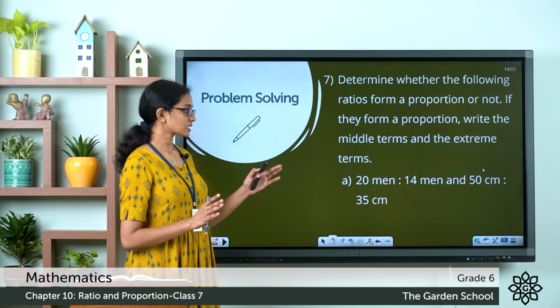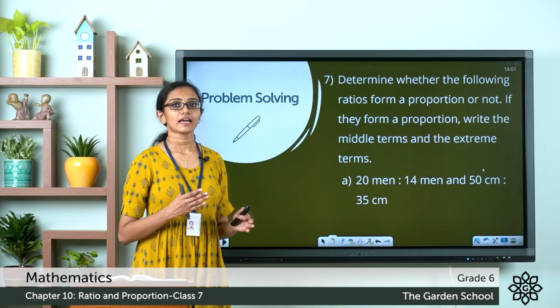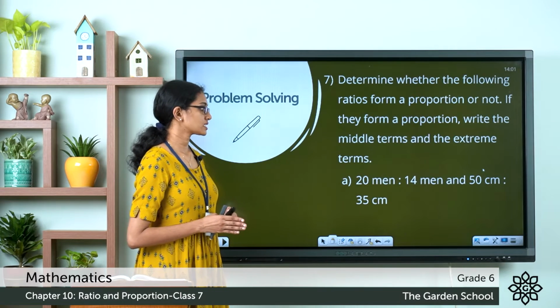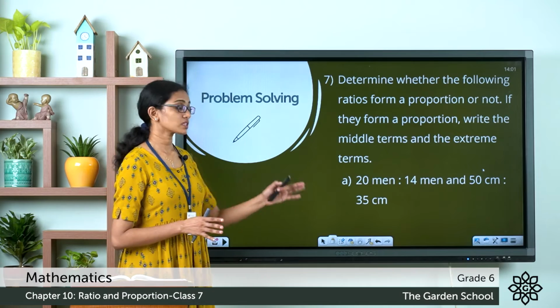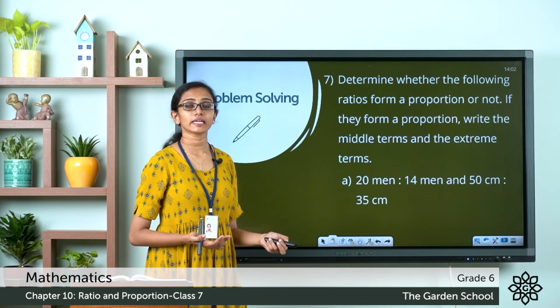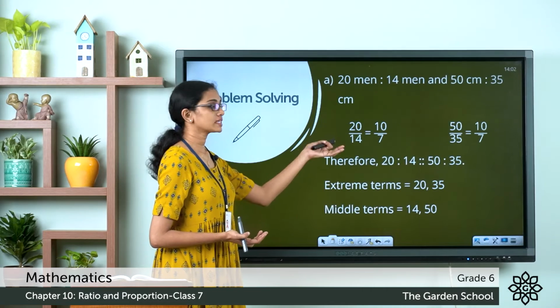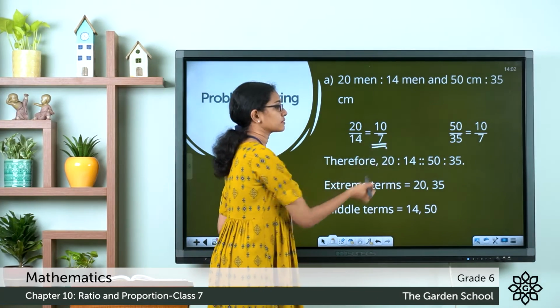As an example, let's see the first one. 20 men is to 14 men and the next ratio is 50 centimeter is to 35 centimeter. Now let's check if these ratios are in proportion. The first ratio, 20 men is to 14 men, can be written as 20/14, which when simplified will give us 10/7.